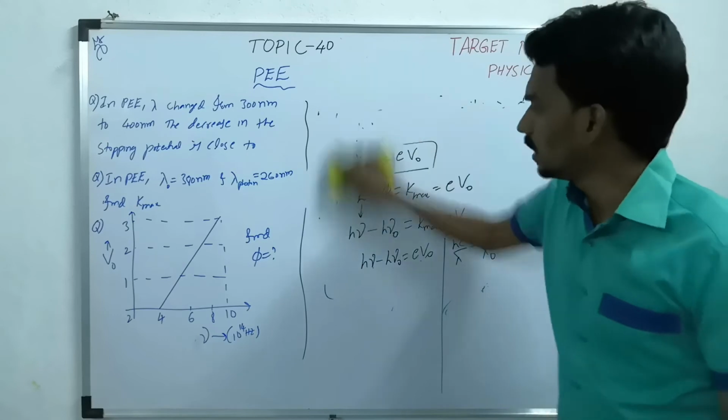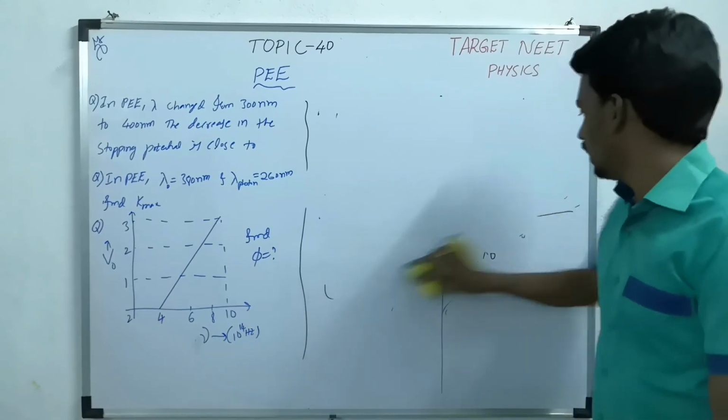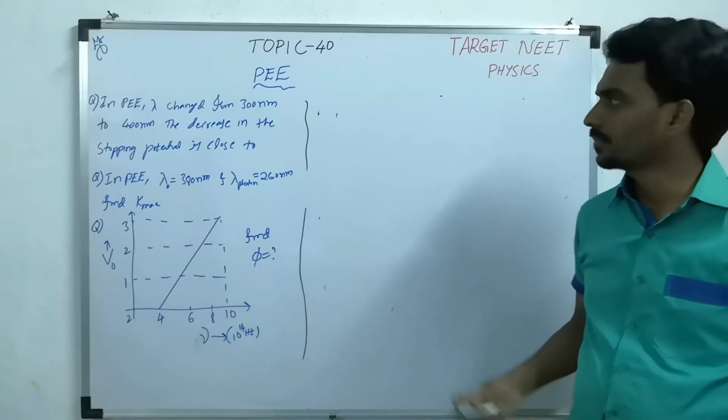So here, let us try to understand what are all the types of graphs we have.